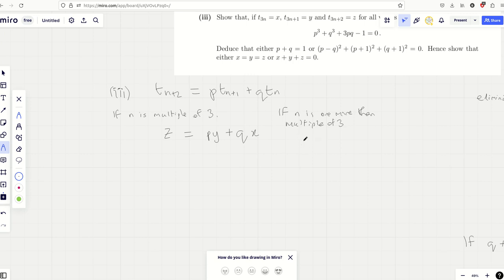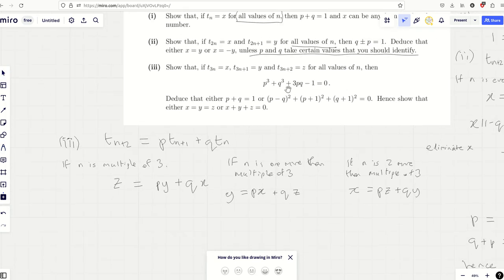It's the middle term which is a multiple of 3 this time, which means that this one's going to be 2 more, the next one up, y, and this one's going to be the one which is missing, z. And if n is 2 more than a multiple of 3, it moves across again. I hope that makes sense. So we're now going to have x here, and then we're going to have pz plus qy. Just rotate positions each time.